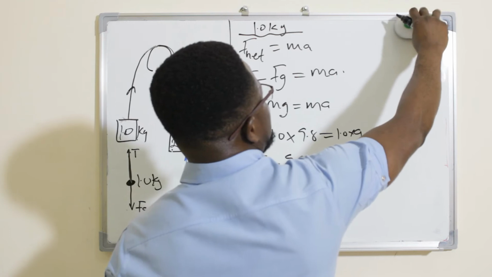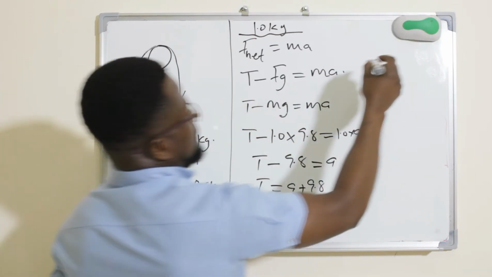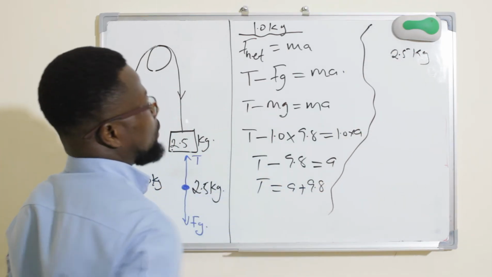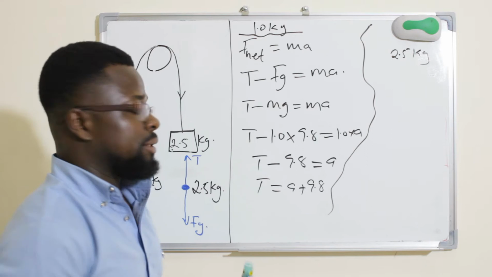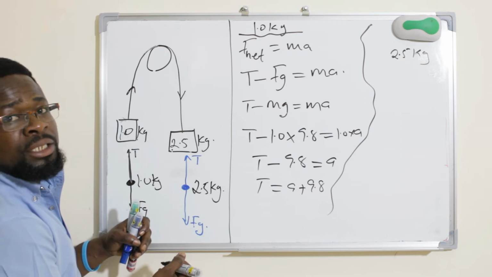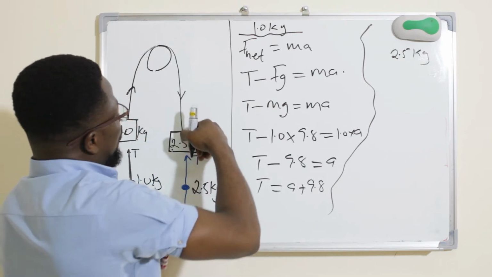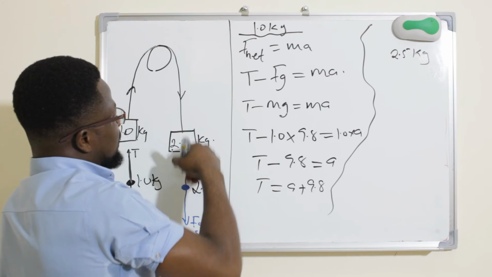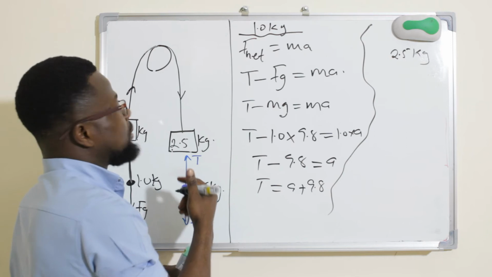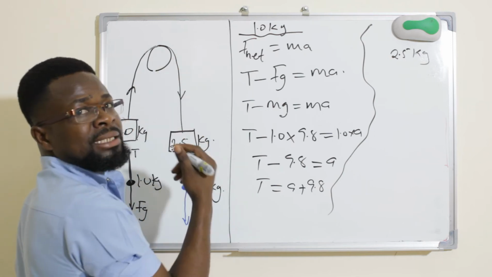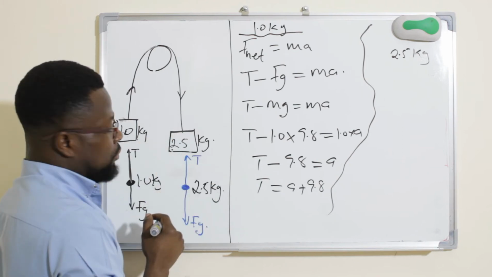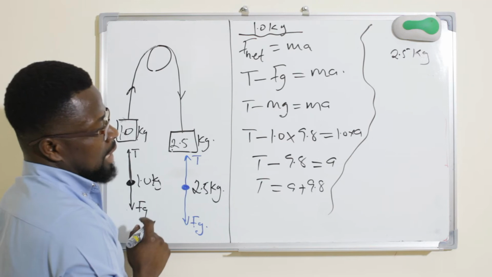Let's look at the 2.5 kg. If I look at the 2.5 kg, I can see also there are two forces, but let's see which is positive, which is negative. The object is going down, in this case here, so I will consider the force going down as positive and the force going up as negative. So if you look at this, we can see the weight is going down, the tension is upward.